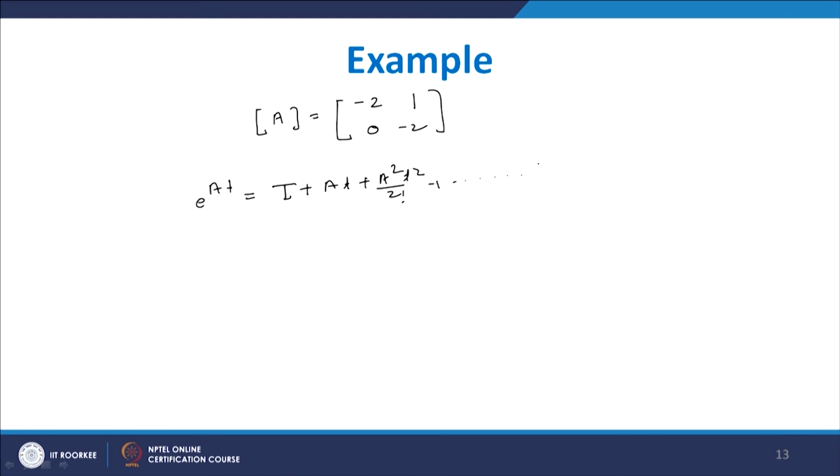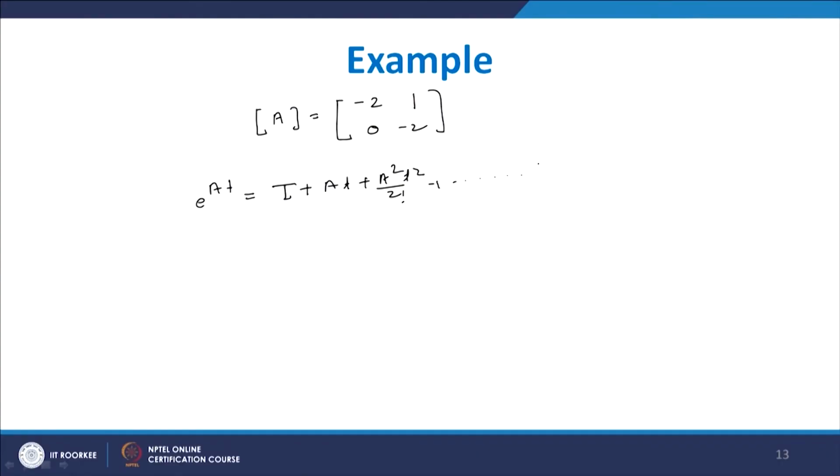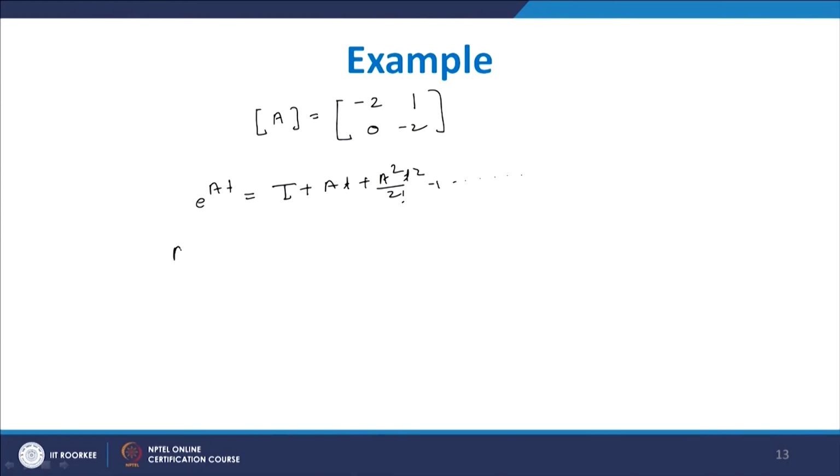Now, here we will get A square, A cube. It means that we have to calculate many multiplications, multiple multiplications have to be solved, and we will find that to carry out this calculation is sometimes quite cumbersome. Just we will see here, suppose you take A like this, same thing, minus 2 1 0 minus 2.